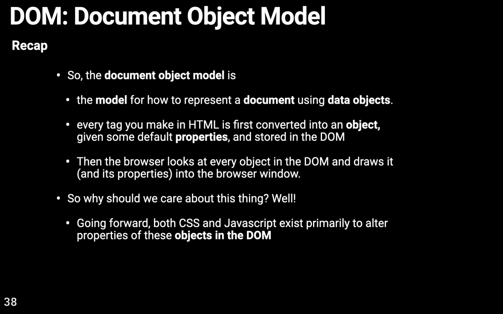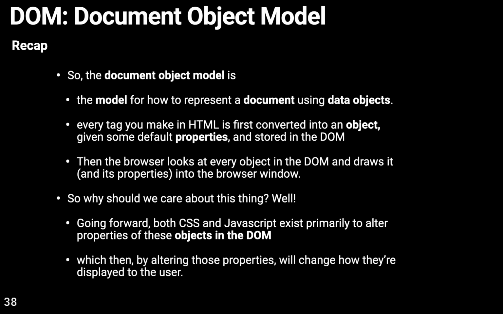And you can do things on the page. So by altering those properties, we change how they're displayed to the user, and that ends up being what we're doing here, right? We are building an app. Apps inherently respond to user interactions, meaning we have to change things. So that's the goal. That's the idea. And that's why understanding the DOM is super useful for you going forward.